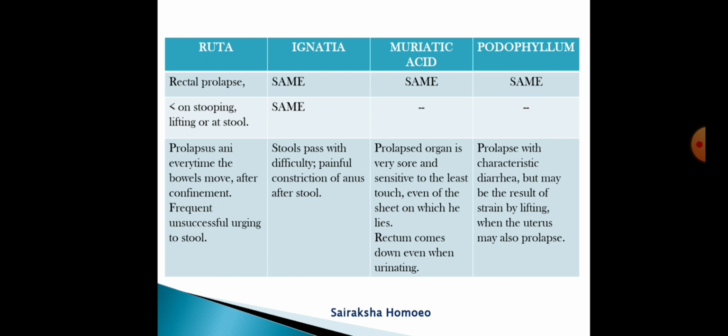In Muriatic acid, the prolapsed organ is very sore and sensitive to the least touch, even of the sheet on which he lies, and the rectum comes down even when urinating. That you find in Muriatic acid. While in Podophyllum, the prolapse with characteristic diarrhea is seen. As we know, Podophyllum we use in diarrhea more, but it may be the result of strain by lifting, when the uterus may also prolapse in Podophyllum.